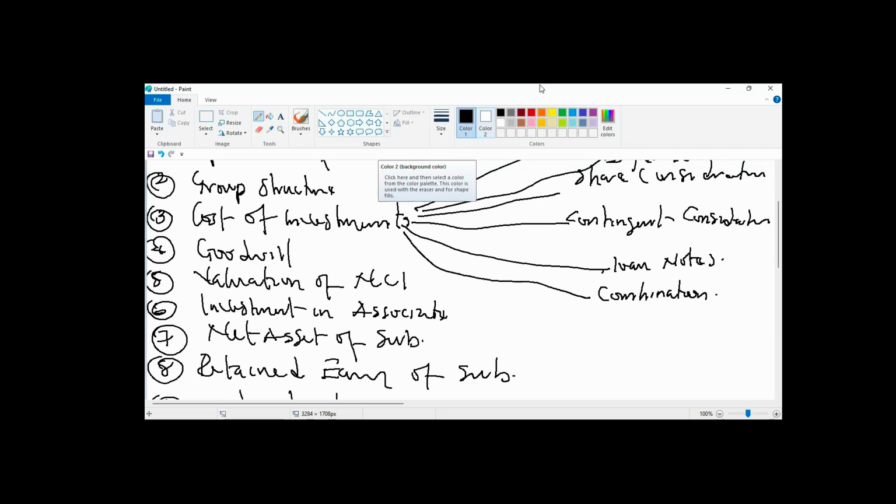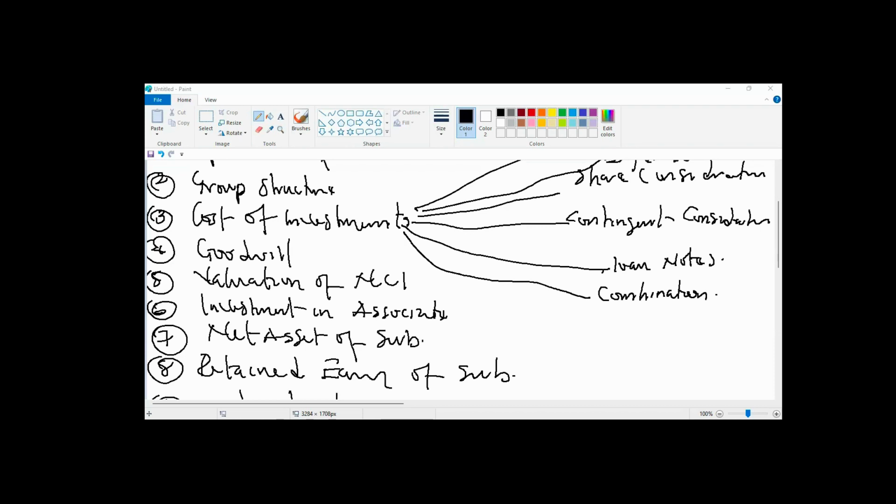For the definition, group account is account of the parent and its subsidiary, prepared and presented as if they are a single entity. They are not a single entity. They are two different entities. But because of substance over form, we assume that they are a single entity. Why?